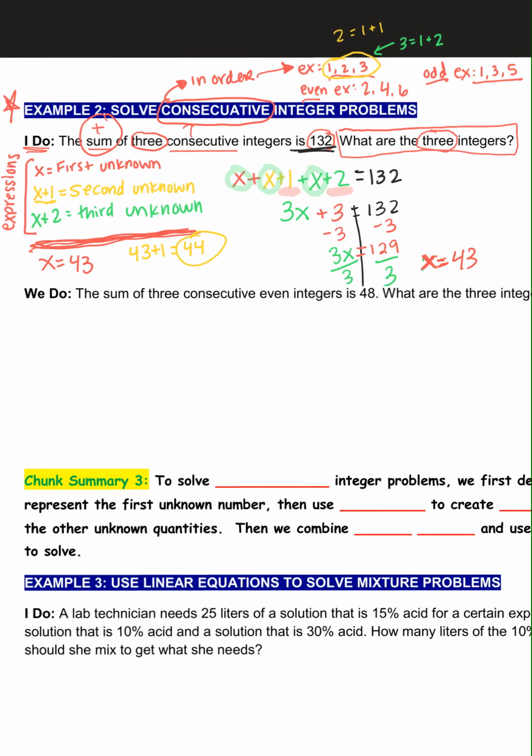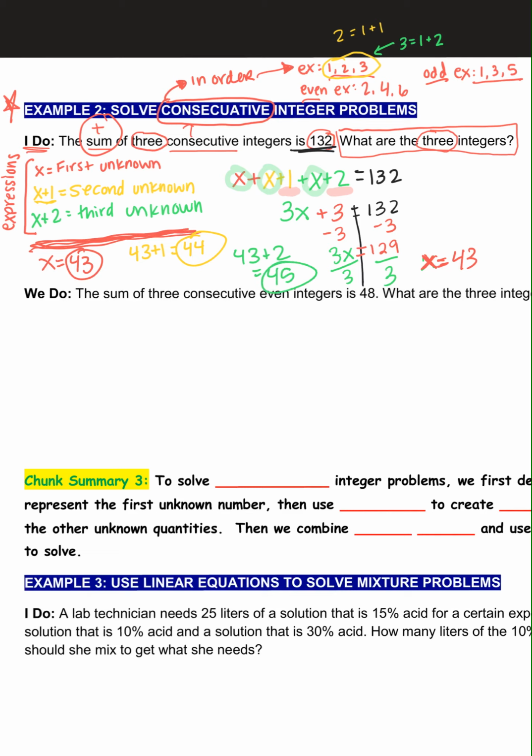That's my second unknown. And then my third unknown is in green, and it's 43 plus 2, which is equal to 45.